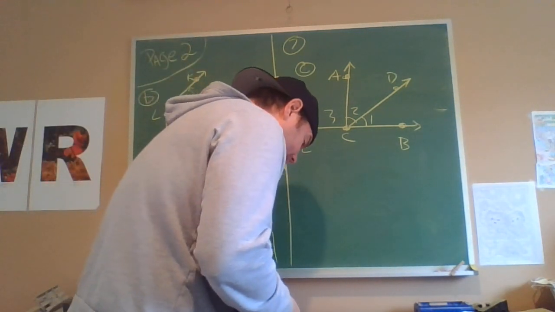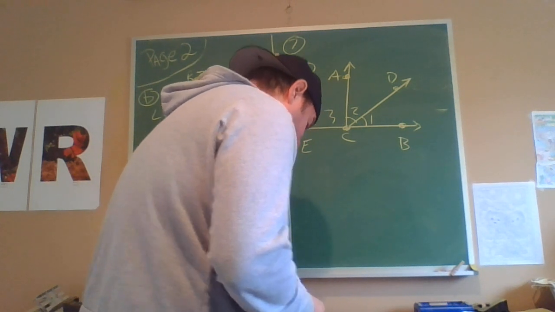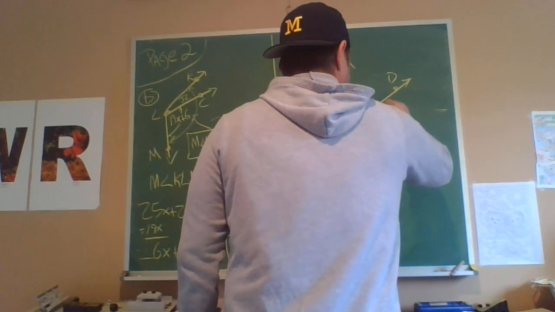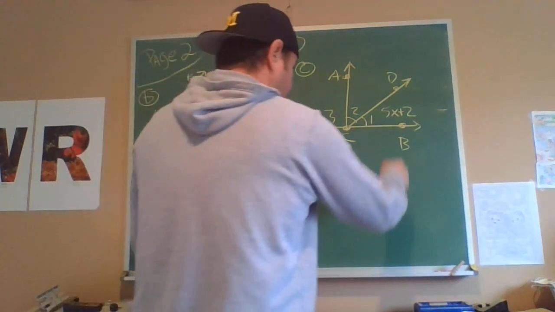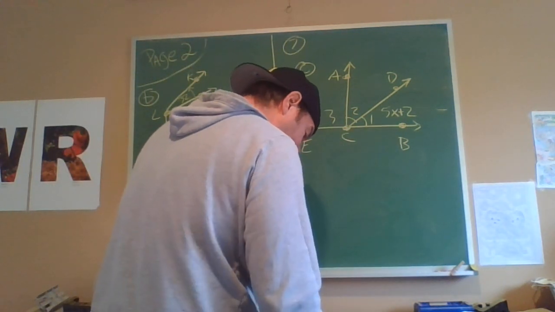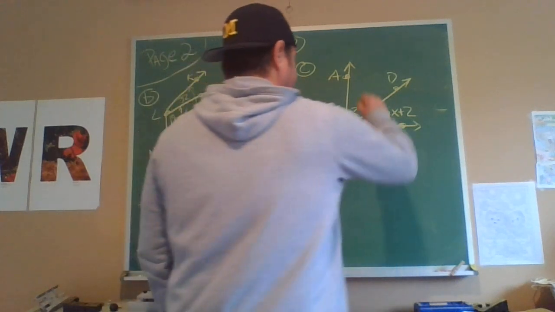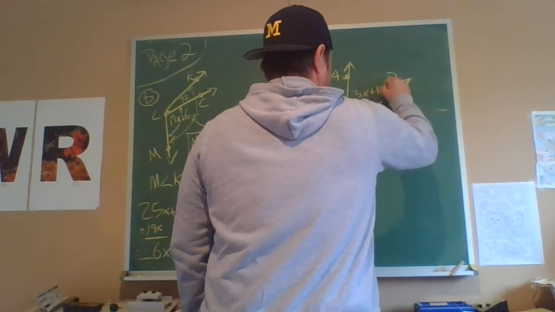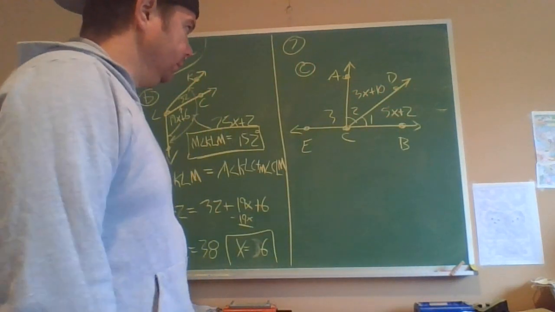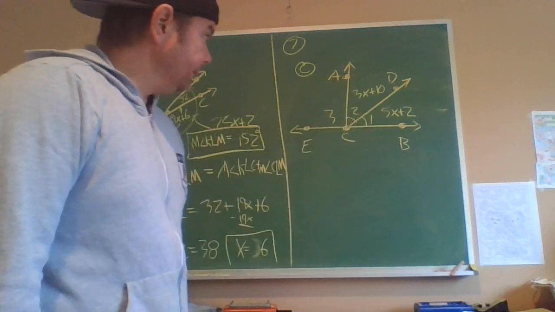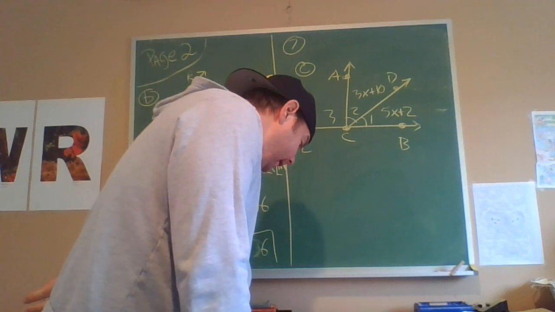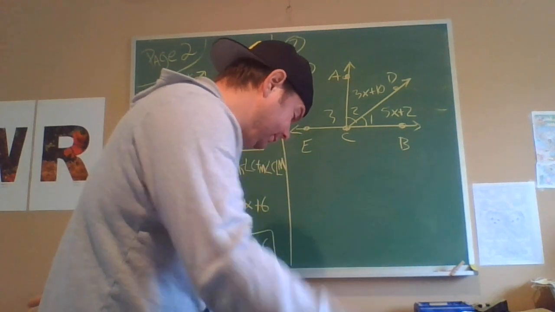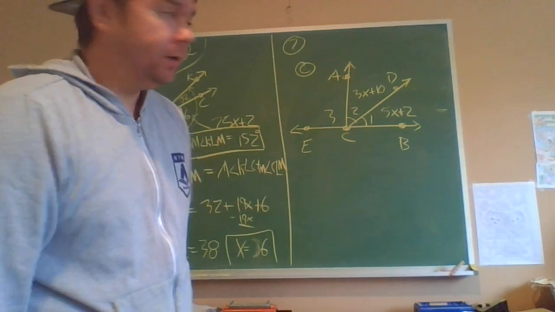The measure of angle 1 is 5x plus 2, and angle 2 is equal to 3x plus 10. Okay, so I know those are equal, so I can use that to get a value for x. We need to find x and then find the measure of angle 3.